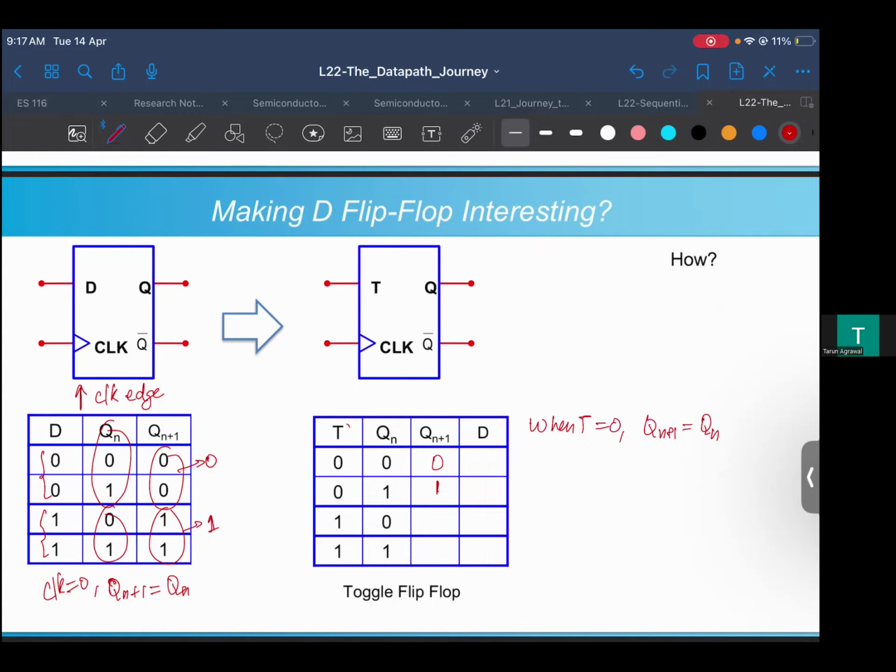And when t is 1, what I want is qn plus 1 to be qn bar, the opposite of that. That is what I want. So with this condition, I can fill in the table, this would be 1 0, like that.